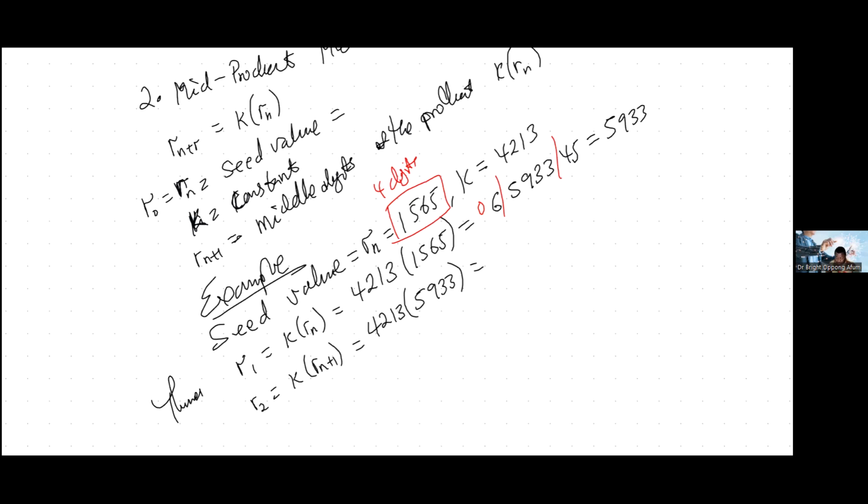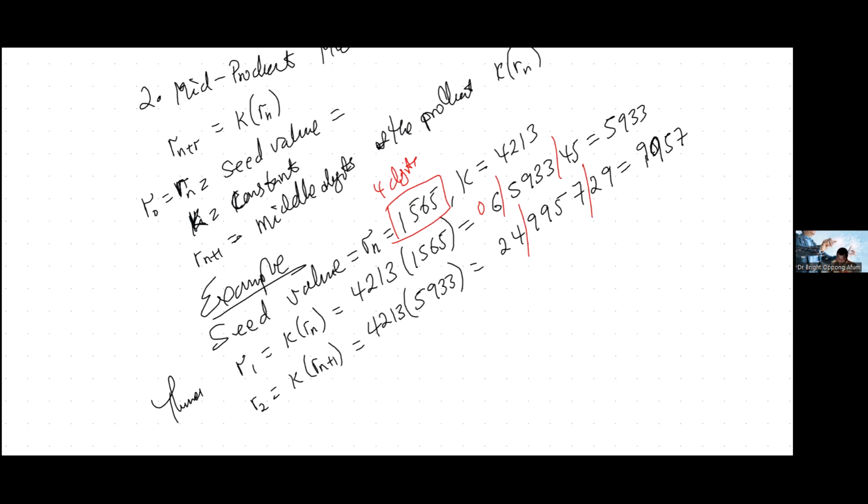I'm going to have 24,995,729. If we take the middle 4 digits, we are going to have 9957, right? So that's the random number, 9957.